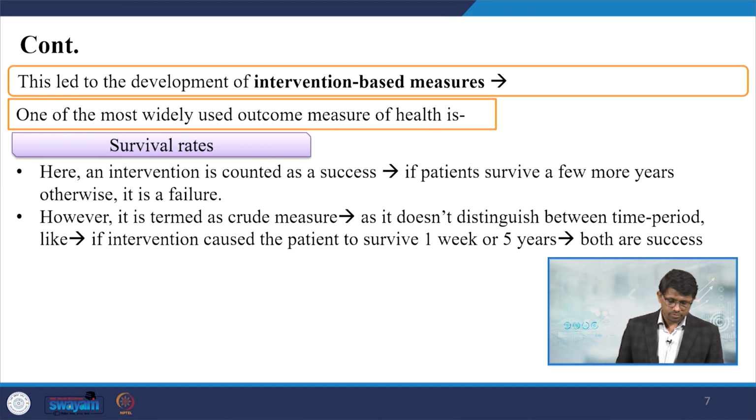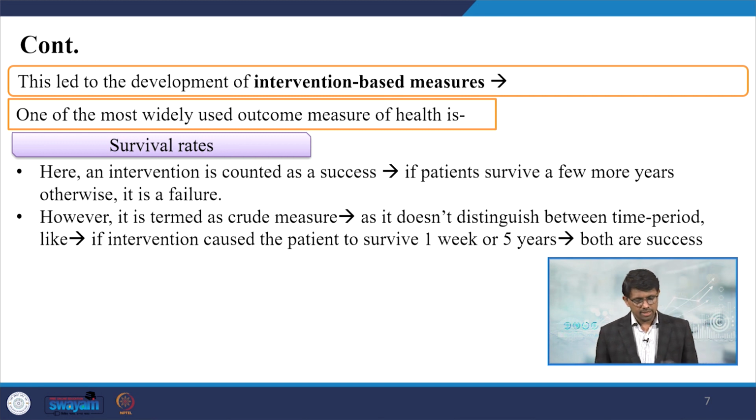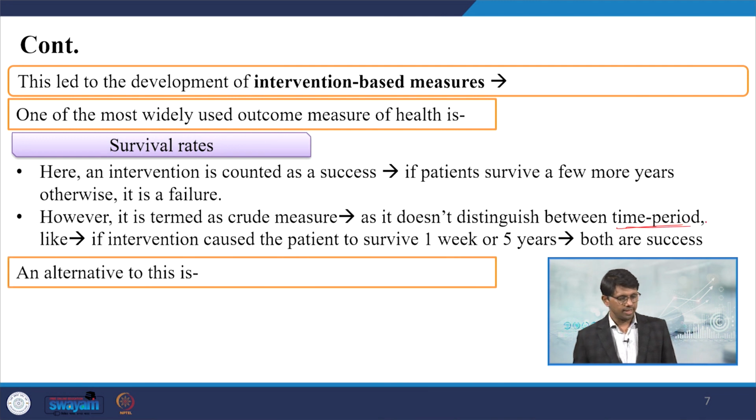However, this is termed a crude measure, as it does not distinguish between time periods. If the intervention caused the patients to survive 1 week or 5 years, both are considered a success, but the duration and the capture of time is missing, and that is where improvement is required.